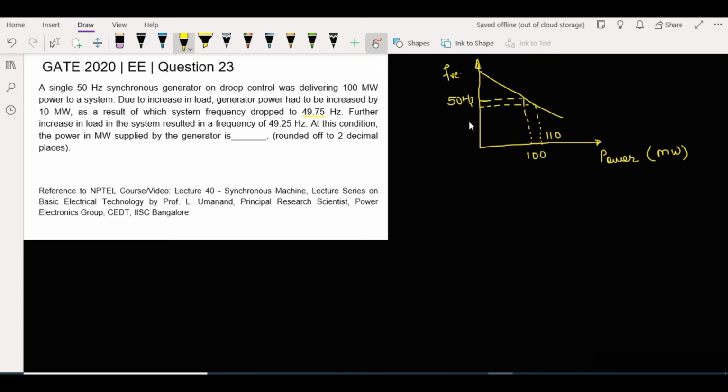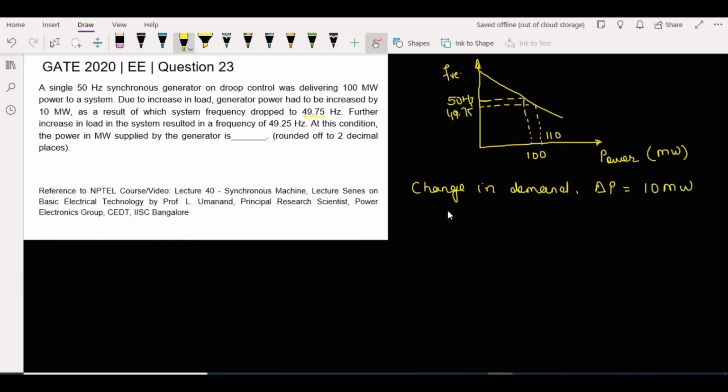So this is 49.75. Again, I can say that if there is a change in demand, say given by del P, that will be equal to 110 megawatt minus 100, that will give us 10 megawatt.